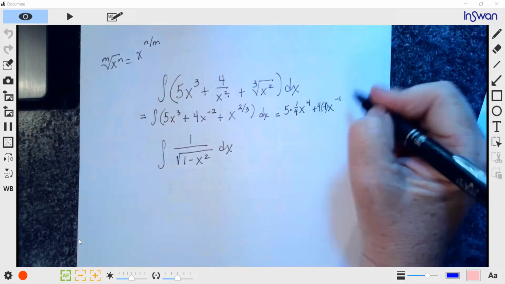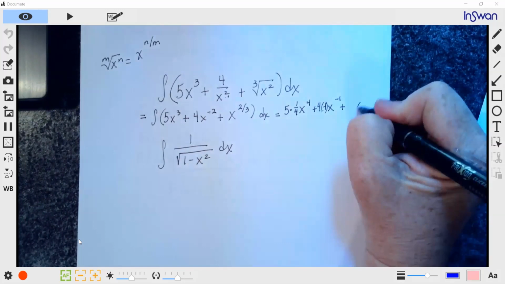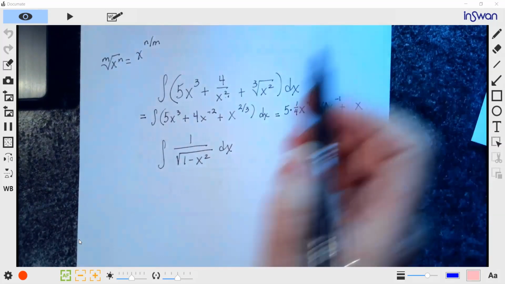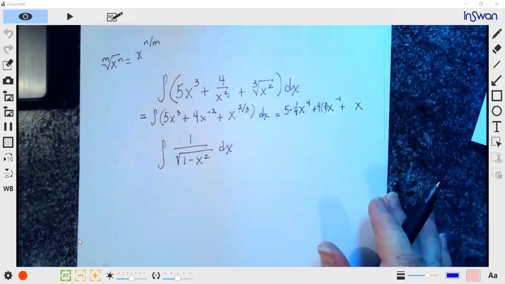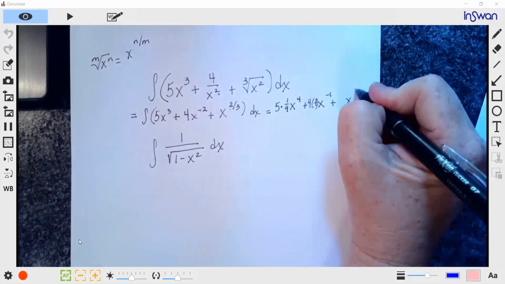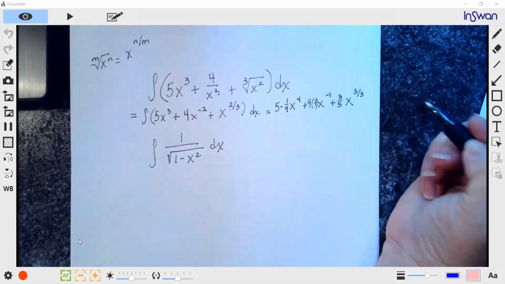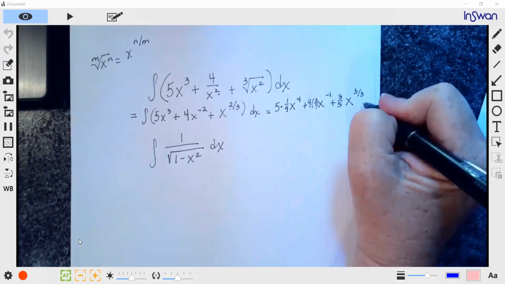Okay, and then we have plus the integral of x to the 2/3, which is x to the 2/3 plus 1, that is 2/3 plus 3/3, which is 5/3, and then we multiply by the reciprocal of the new exponent, and then plus c.